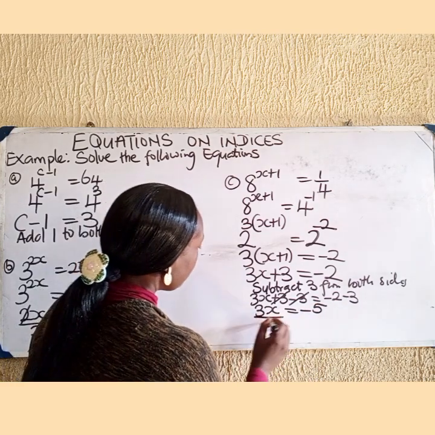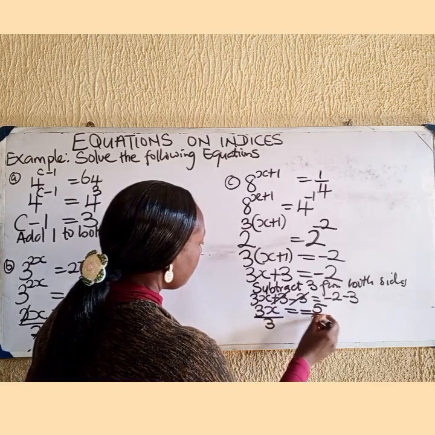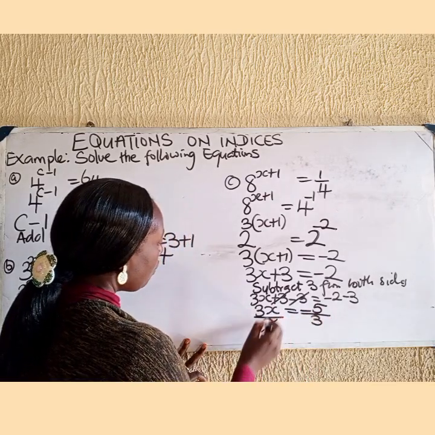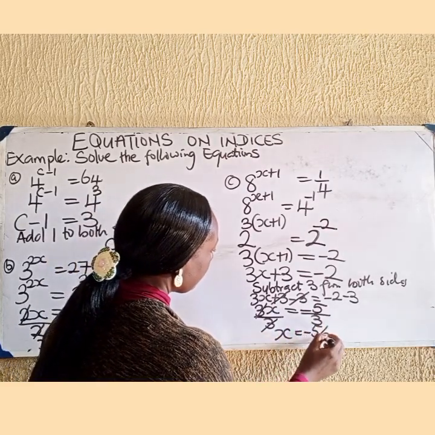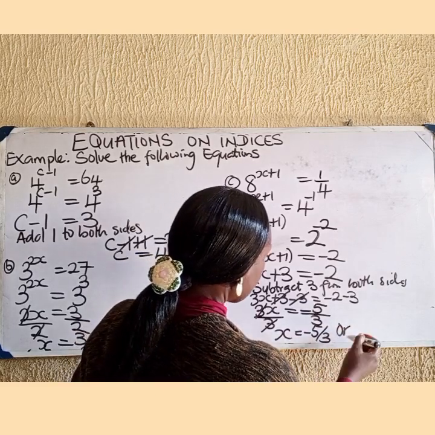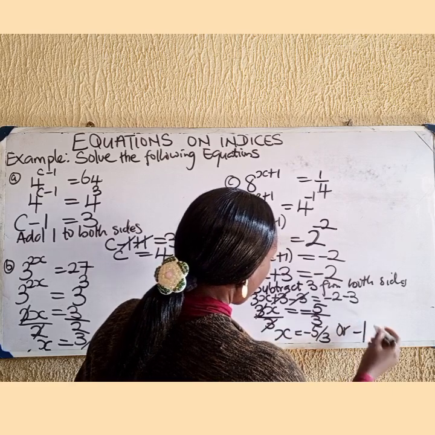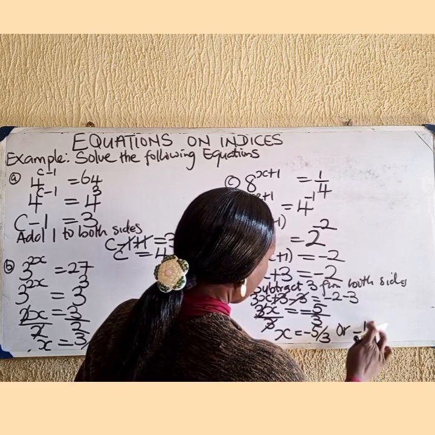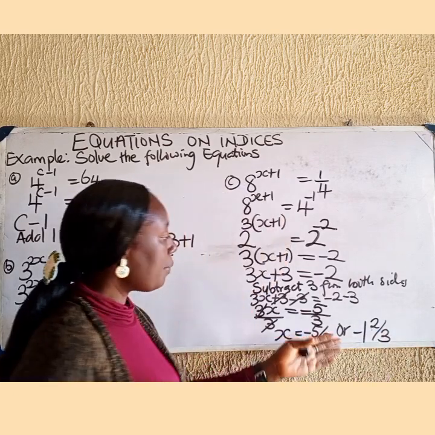I will now divide both sides by the coefficient of x, which is 3. Here I will divide by 3. 3 will cancel 3. x equal to minus 5 over 3. Or I will say x equal to minus 1 whole number, 2 over 3. I believe it's clear.